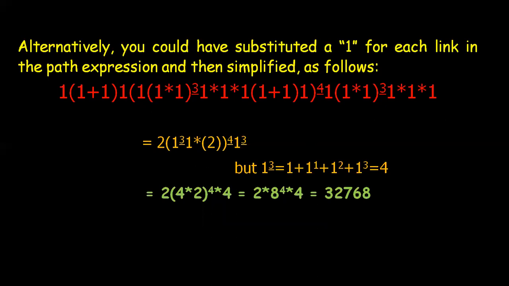So here by substituting the values, we are getting the same result we got graphically, 32,768. So here we are considering the inner loop 3 times, 0 to 3 times.